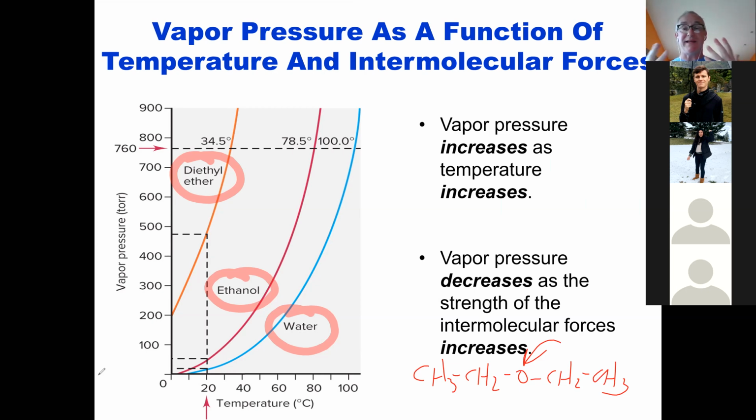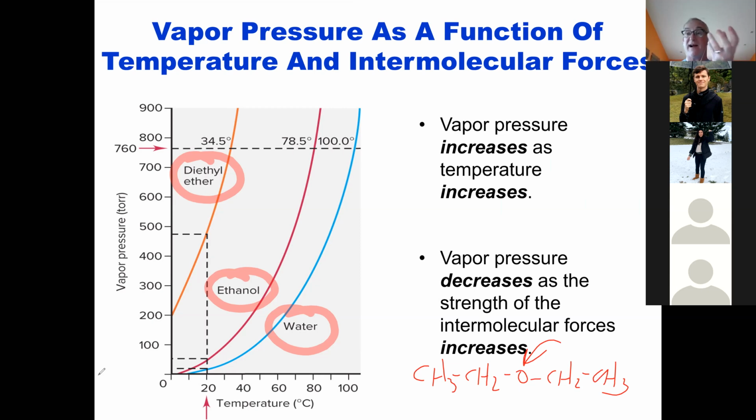It's because of its shape that it isn't nonpolar. If it was linear, it would be completely symmetrical. It would be nonpolar, and its boiling point would be much, much less, because nonpolar things don't interact with each other as much as polar things do.